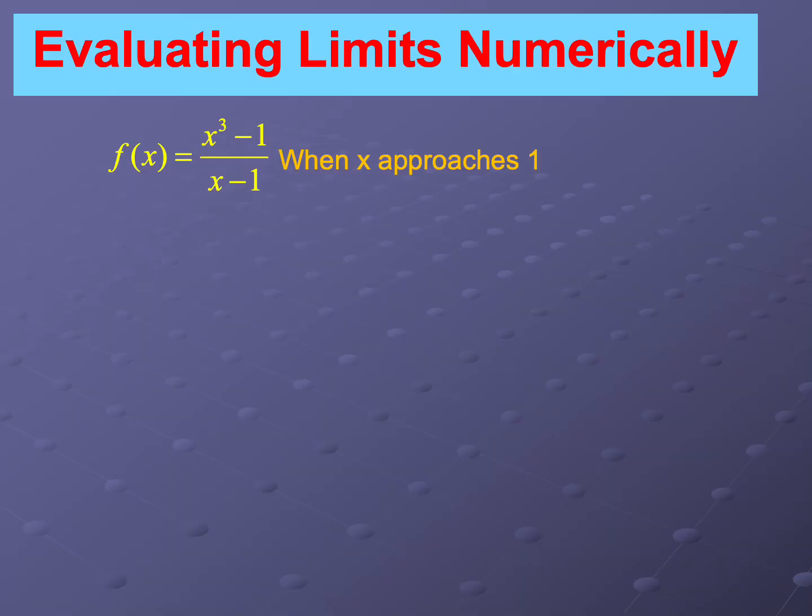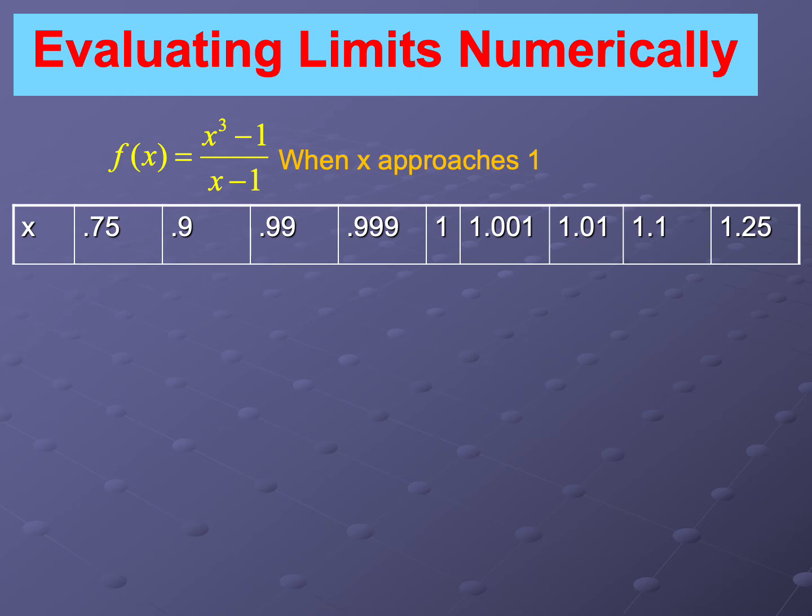Let us take an example. Also here, we have a function and we need to find the limit when x approaches 1. As we mentioned, we take values very close to 1 from the right, bigger than 1, and less than 1, but they are approaching 1. We don't take very far numbers, we take very close numbers to 1.